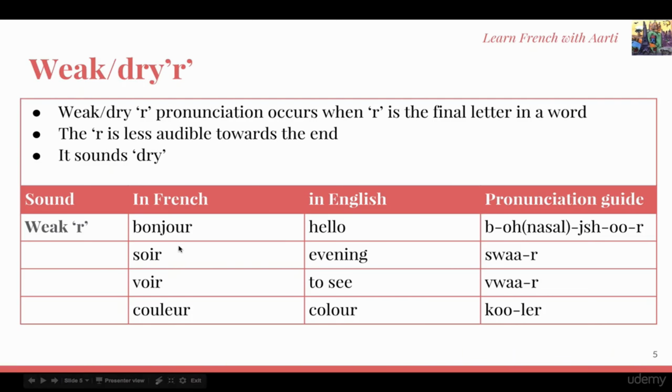Soir, which is evening. Voir, to see. Couleur. I hope you could hear the difference between the strong R like rouge and a slightly weak or dry R in soir.